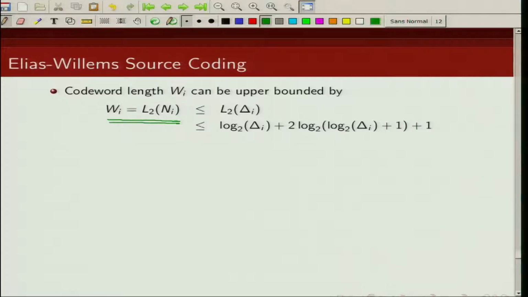The code word length is given by the length of Elias code 2 of Ni, the recency rank. Now, we have just now shown that this recency rank Ni is less than or equal to delta I. So, this code word length Wi is upper bounded by the length of Elias code 2 of delta I.